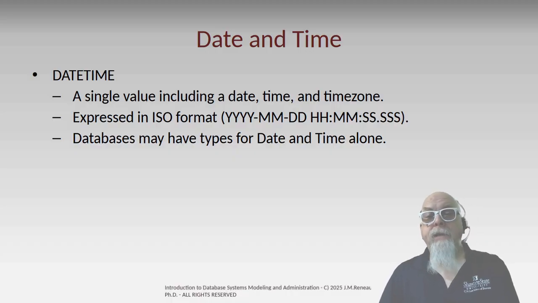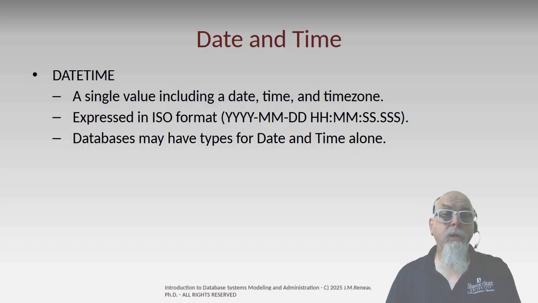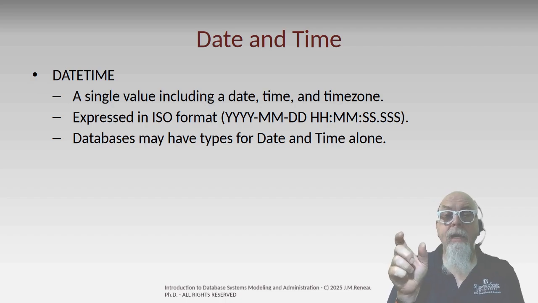Another common attribute domain would be date and time. In a relational database system that we'll get to later in the book, you'll see that there's an attribute type called datetime. A datetime is a way for us to store a date, a time, and a time zone in a single attribute.